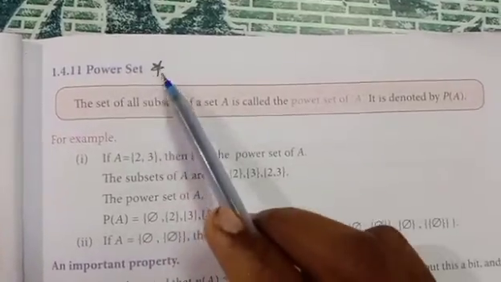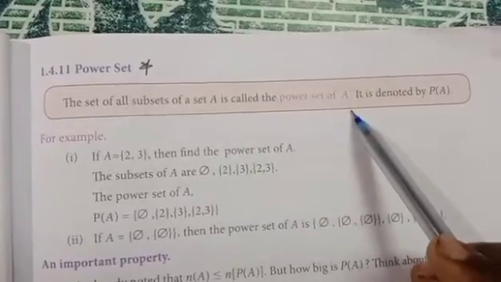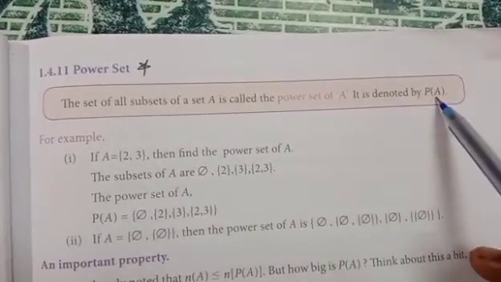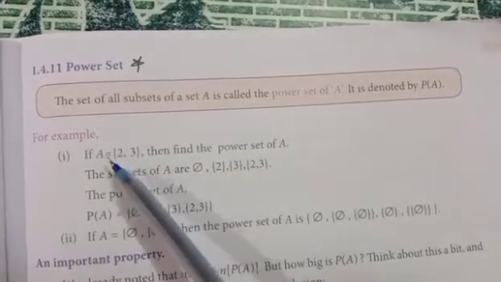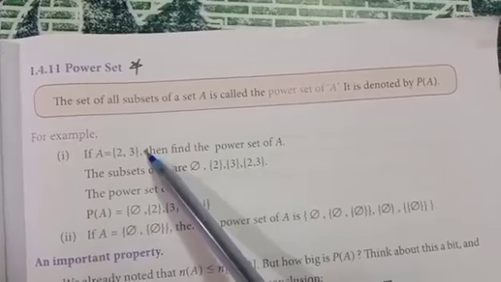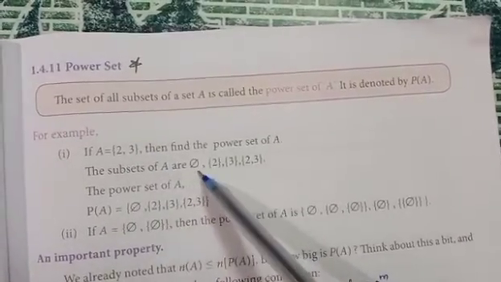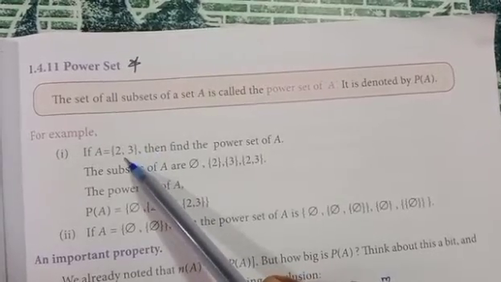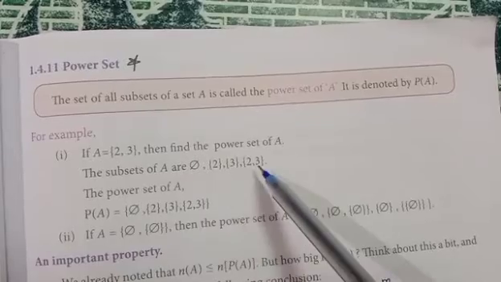Students, next one is power set. The set of all subsets of set A is called the power set of A. It is denoted by P of A. For example, A is equal to {2, 3}. How do you write them? First we start from the empty set, then each individual element, then all together: empty set, single elements, then the double element.